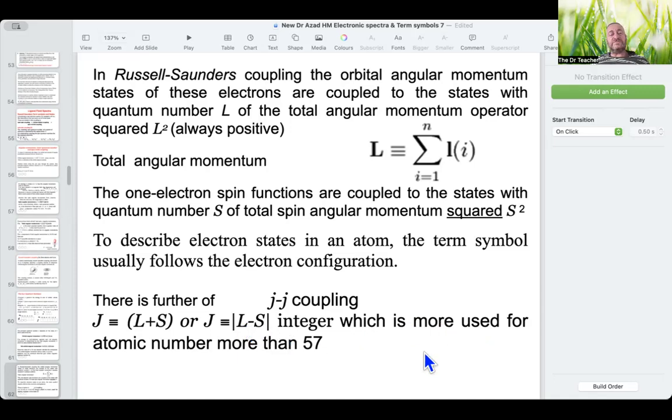Capital J is more used for atomic numbers more than 57. The small j is the coupling between the orbital and the spin of the electron, used for atomic numbers less than 57, but capital J will go higher.